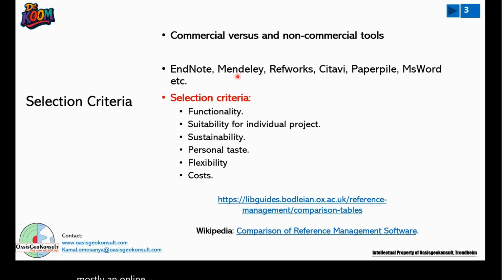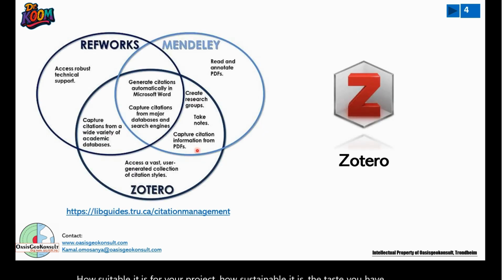There's RefWorks, there is Citavi, there is Paperpile, and even Microsoft Word can do referencing for you. So it's a choice between functionality, how suitable it is for your project, how sustainable it is, the taste you have personally, how flexible it is, and the cost. And when it comes to cost, you can think about three of them: Mendeley, RefWorks, and Zotero.